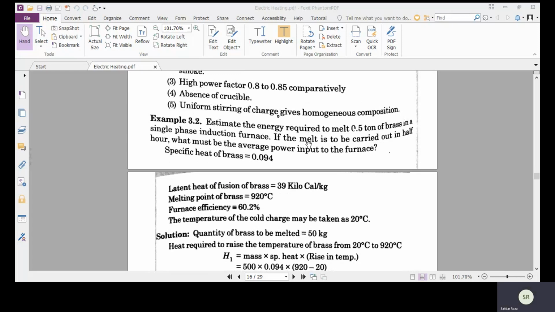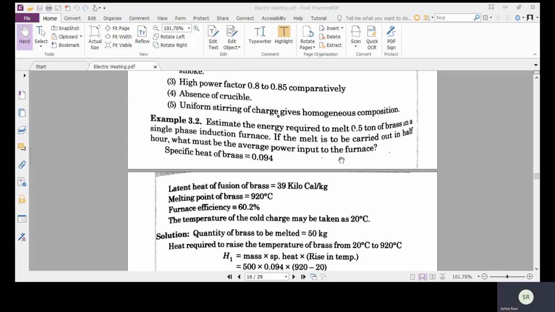So if we melt the 0.5 ton of brass in half an hour, how much is the energy, how much is the power required by the furnace?